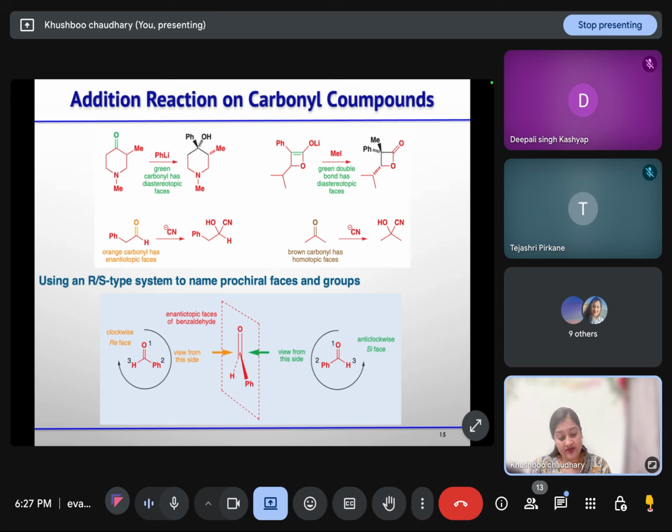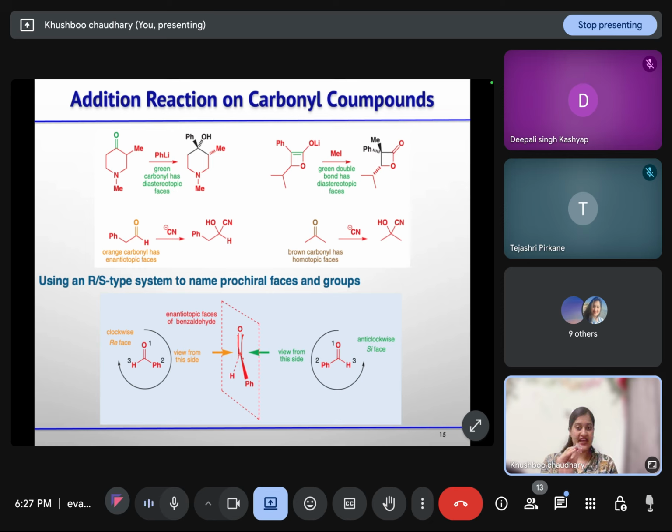So when your phenyl lithium will attack, these are the examples. Now, your carbonyl carbon has two faces, one is the re face and the other is the si face. So how will we determine which face is re and which face is si? Let us suppose this carbonyl carbon is in the plane.